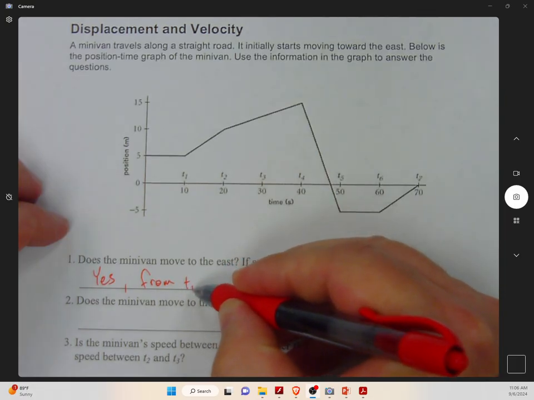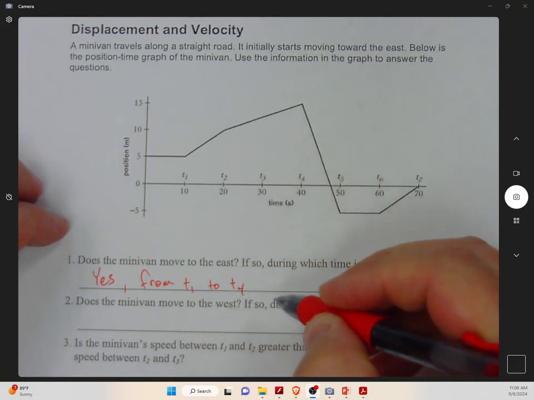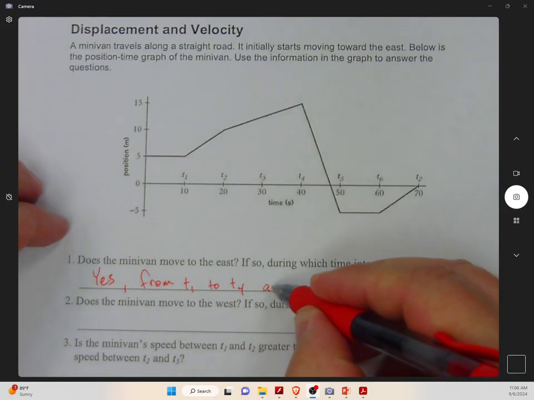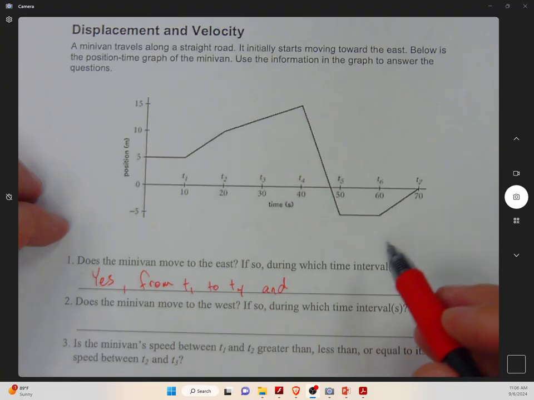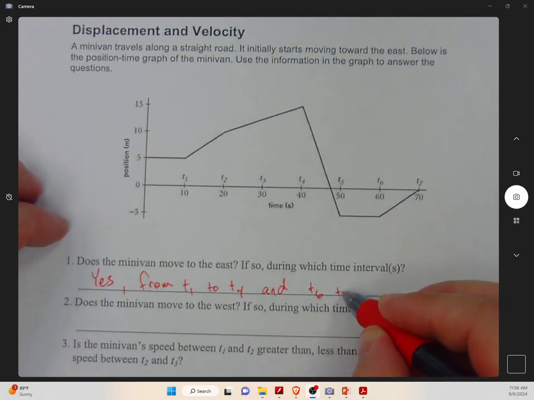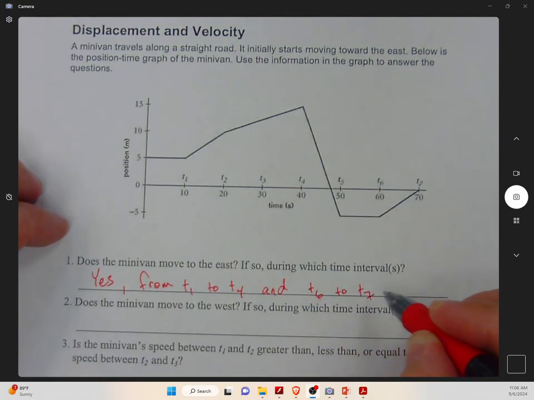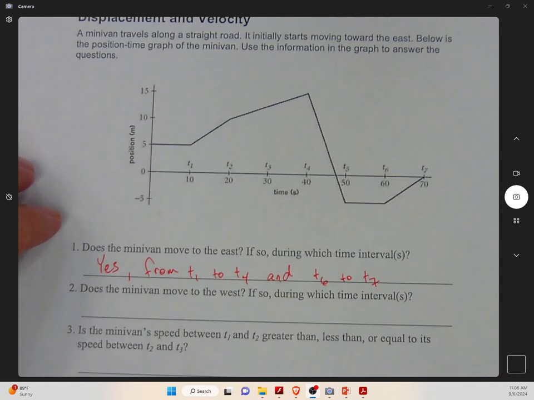From T1 to T4. And, again, we see this little stretch right here where the minivan is moving to the east. Okay, again, moving up the y-axis. T6 to T7. And that's all I need from you. I don't need anything else fancier than that.